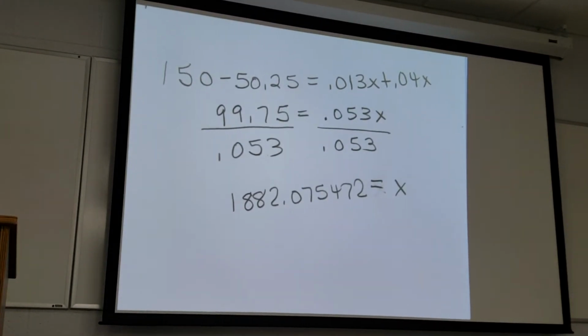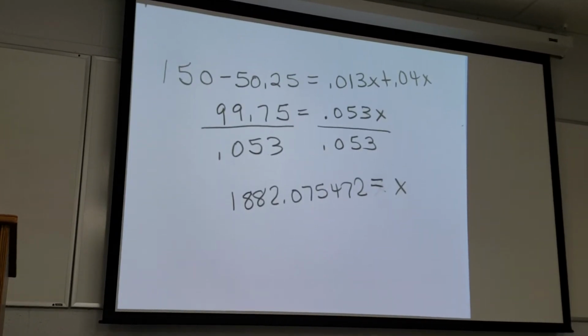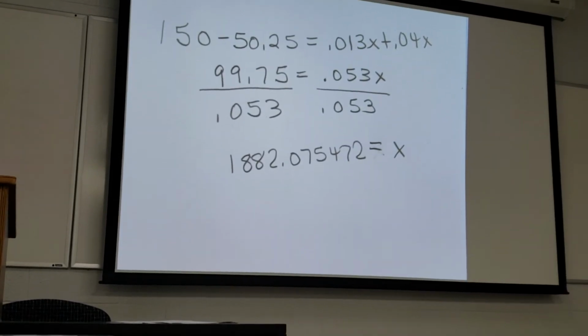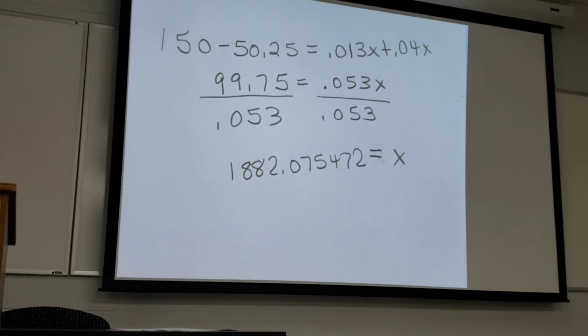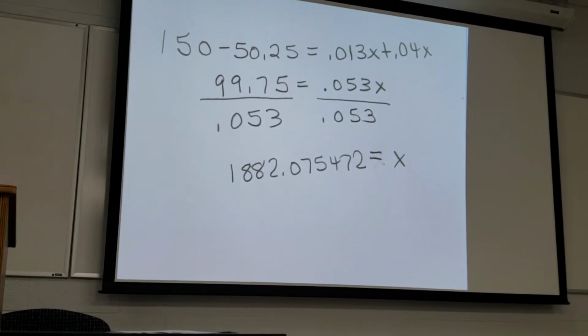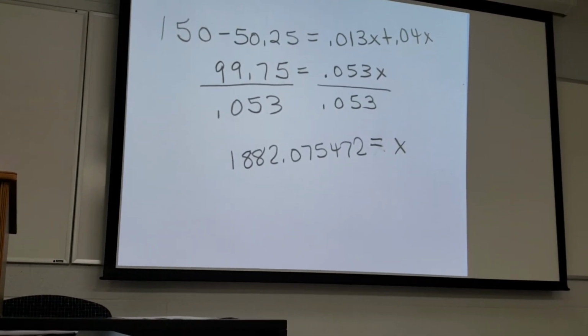So what I'm gonna do is, when you do it on the test, you won't have to do this, cause it'll come out to a nice whole number. So I'm gonna round that to 1,883. And remember, this is a production company. You are producing something.